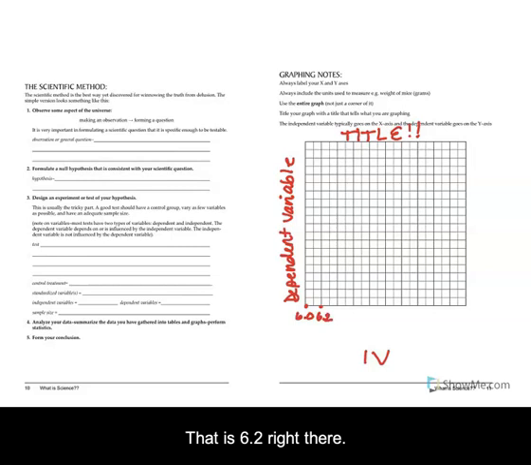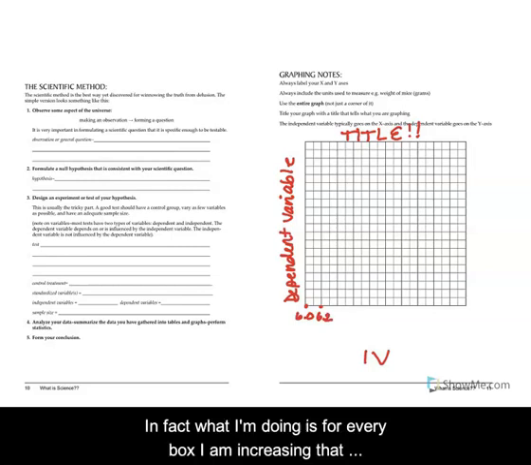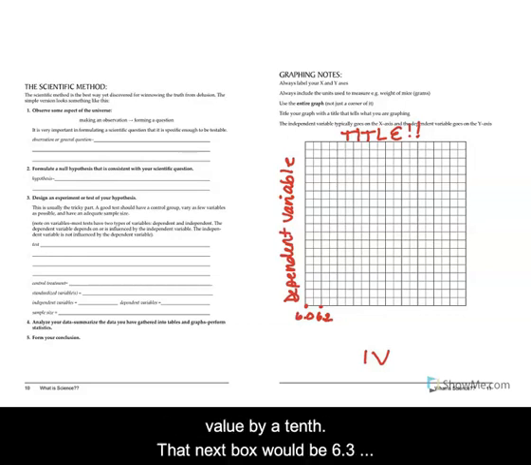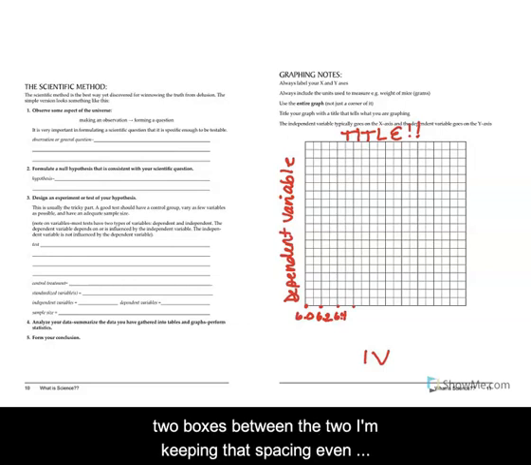That's 6.2 right there. In fact, what I'm doing is for every box, I am increasing that value by 1/10. That next box would be 6.3, but I'm only writing every 2 boxes, so that's 6.4 to save space. This next box over here, again, 2 boxes between the two. I'm keeping that spacing even between values.